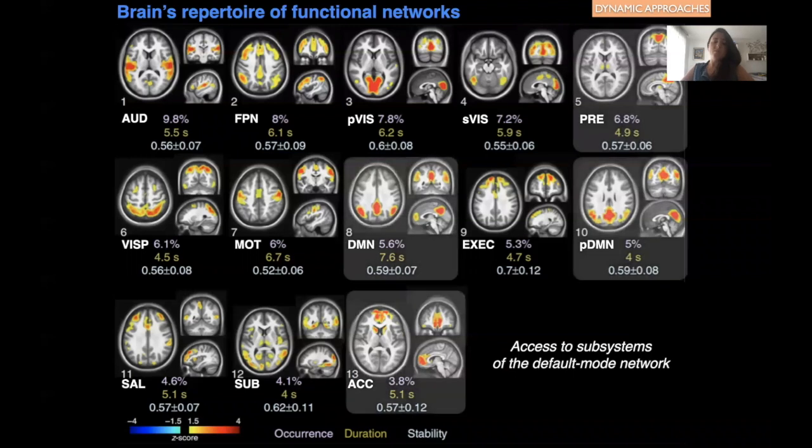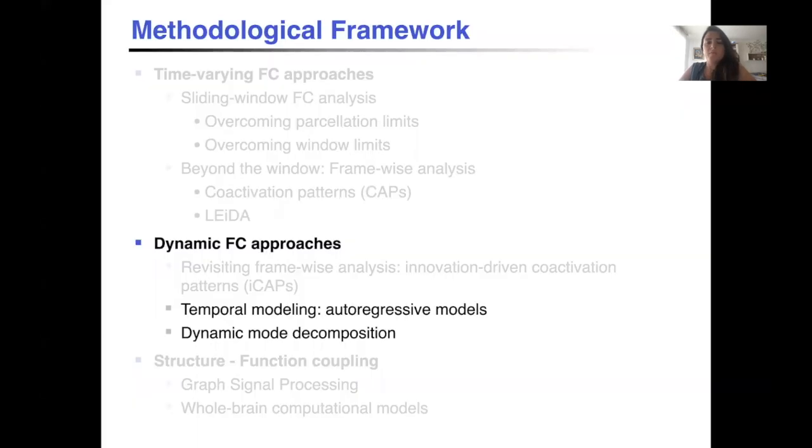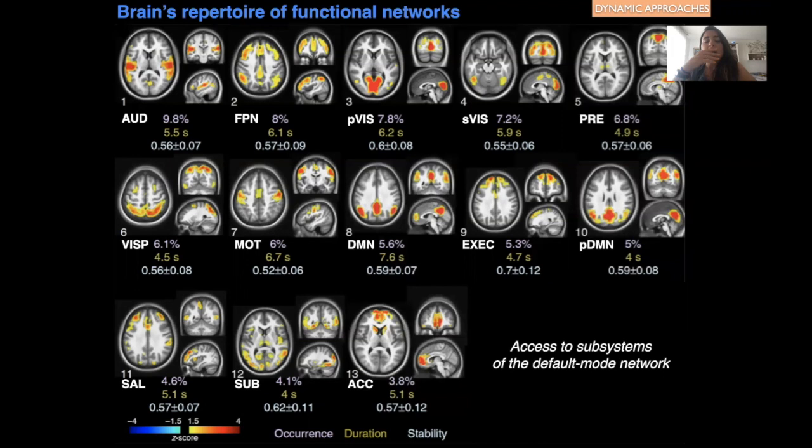But we can also retrieve new information. We have access to subsystems of the DMN, so parts of the DMN that occur separately. And also for each of these patterns we are able to see when it occurs, the percentage and the length.